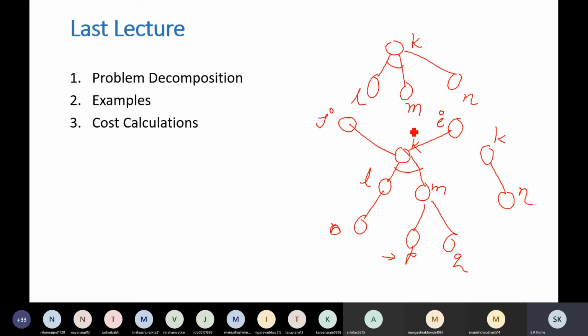But in the earlier case, after exploring J, the algorithm had generated this K. So in that case, this K will be either on the open or closed list. If you have explored this K, that would have generated L and M again, so you will have this L and M on the open list or closed list again.